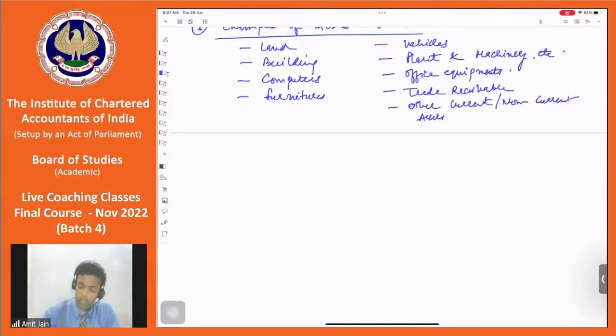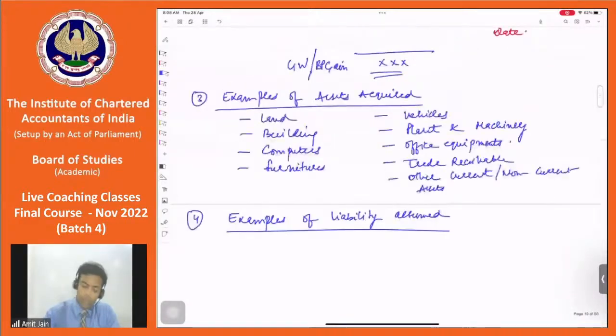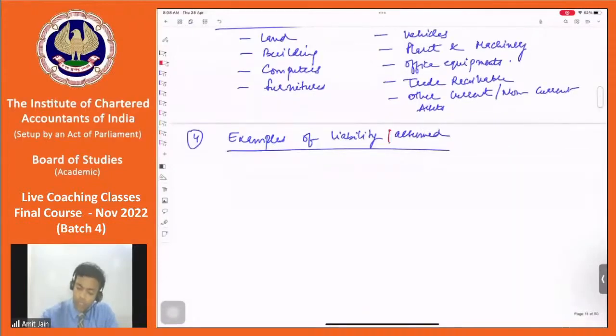Basically, the entire balance sheet of the other party. Fourth, examples of liabilities assumed. For assets we are using the word acquired, and for liabilities we are using the word assumed.